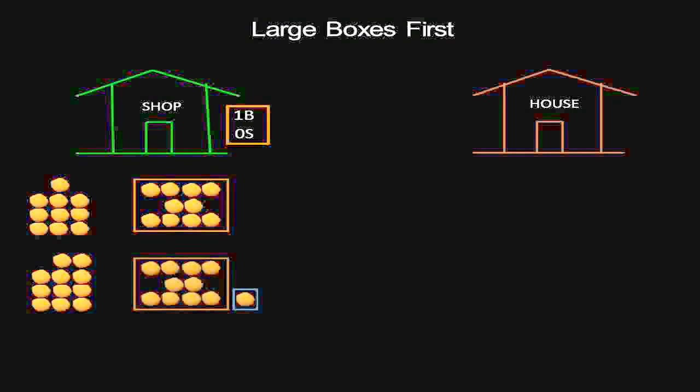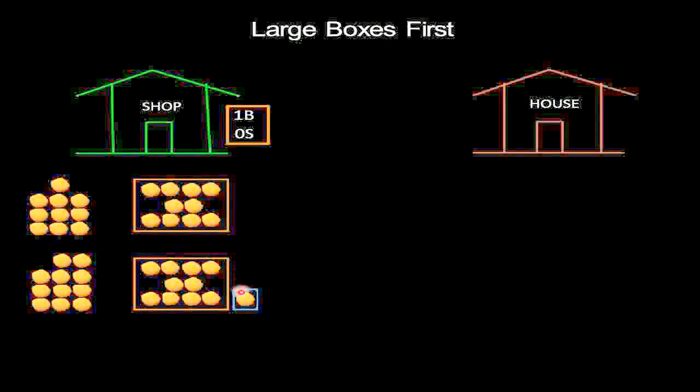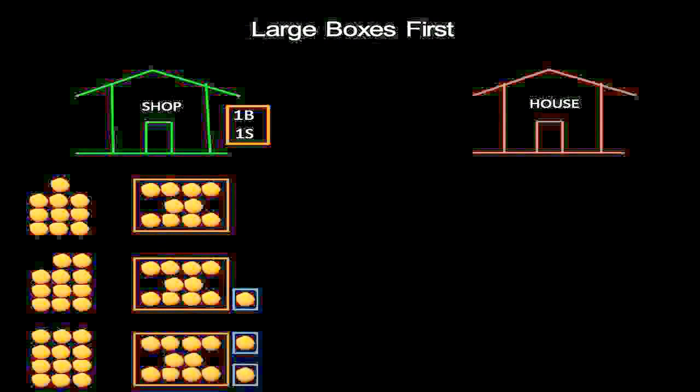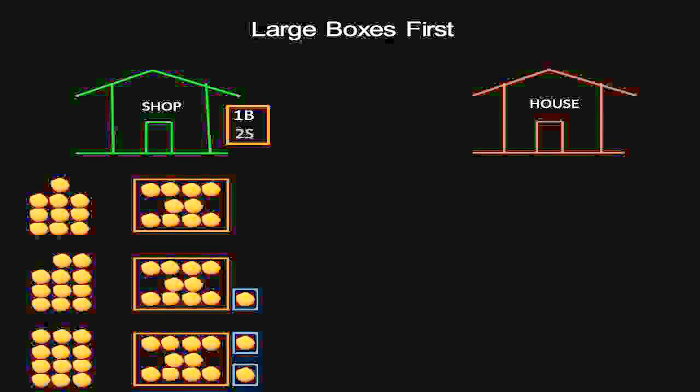If it is 11, you'll have to have one 10 laddu box and one small laddu box. So you will have to send in the bill one big box, which is here, and one small box, which is here. 12 obviously will be one 10 laddu box and two 1 laddu boxes. So in the bill you will send one big laddu box and two small laddu boxes.